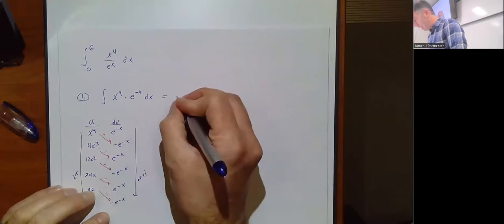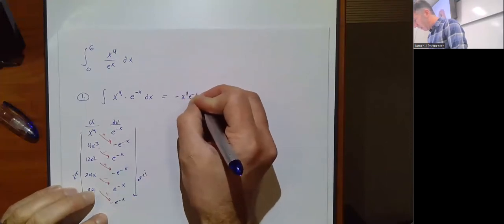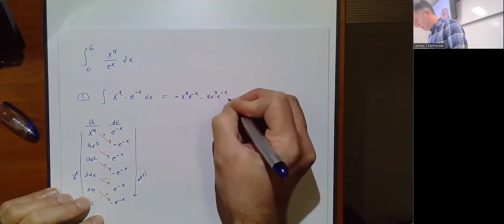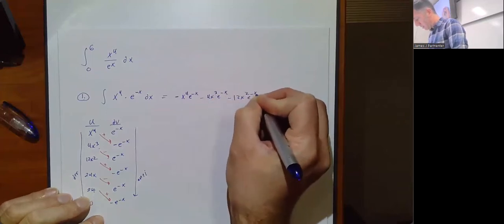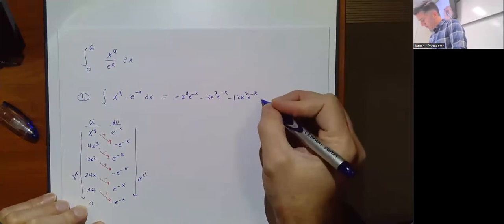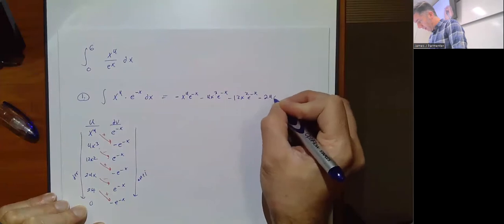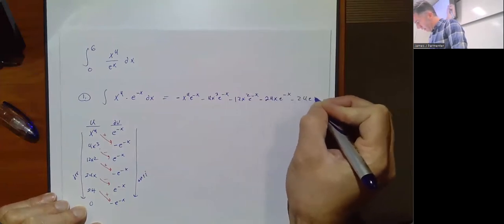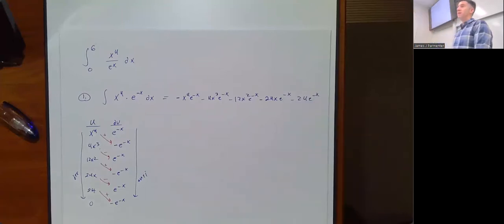We're going to get negative x to the 4th e to the negative x minus 4x cubed e to the negative x minus 12x squared e to the negative x. I should just factor out the e to the negative x. Minus 24x e to the negative x. And finally, minus 24 e to the negative x. And I don't need to write the plus c because this is actually the problem I was dealing with.